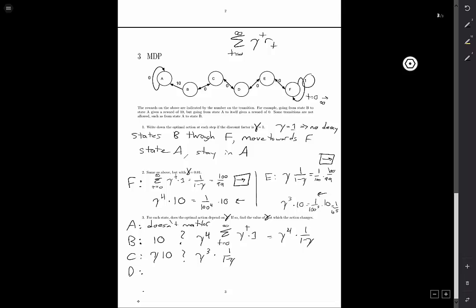And then for D, we're gamma squared away. And we have to compare that with, now we're getting closer, so the discount's having less of a factor for F. And then we do that for E. So going to the left is even further, getting closer.